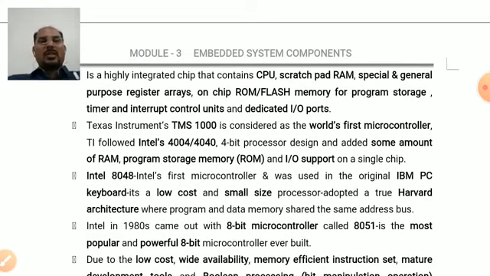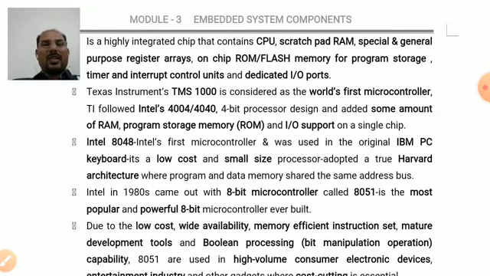Texas Instruments TMS-1000 is the world's first microcontroller. It was followed by Intel's 4004 or 4040 4-bit processor, and it added some amount of RAM, program ROM and IO support on a single chip.